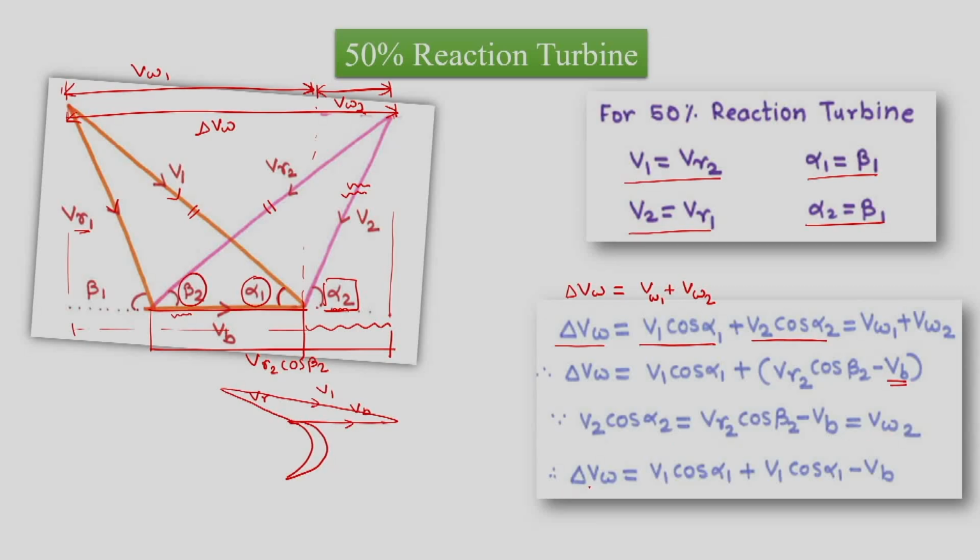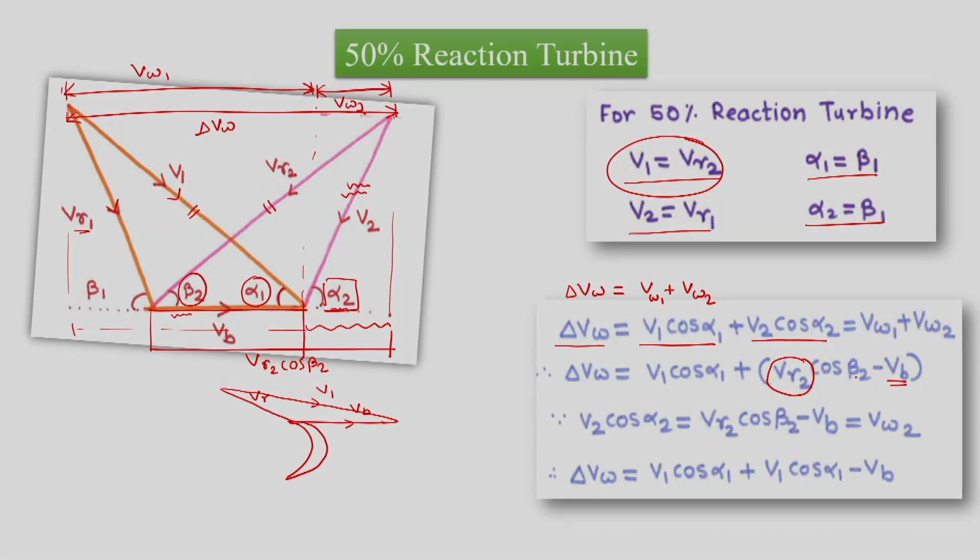So delta VW becomes V1 cos alpha 1 plus VR2 cos beta 2 minus VB, but we know that VR2 is equal to V1, so this VR2 will be replaced by V1.